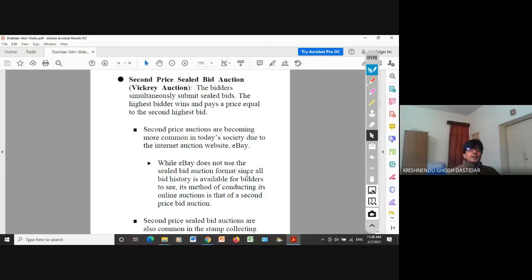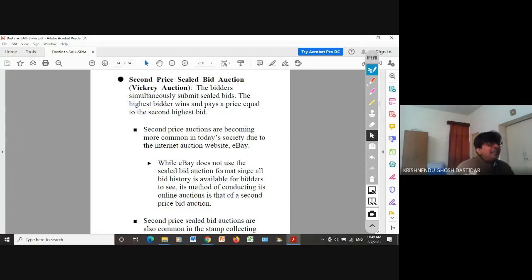So while you are bidding, you don't know what others are bidding. The highest bidder wins as before, but here he pays a price equal to the second highest bid. Suppose the highest bid is 100 and the second highest bid is 90. The person quoting 100 wins, but he actually pays 90.